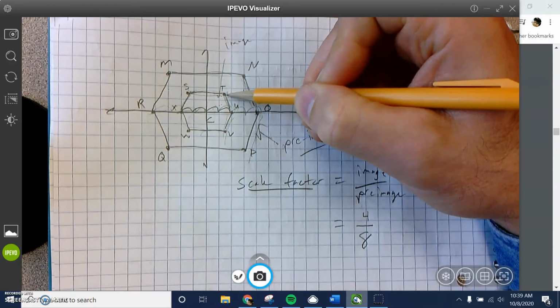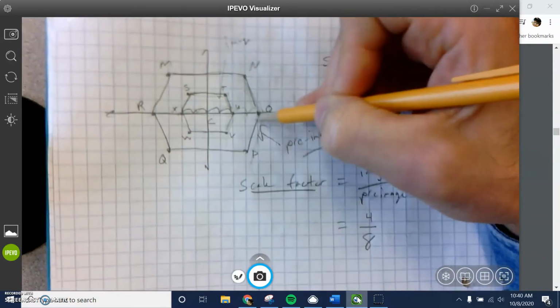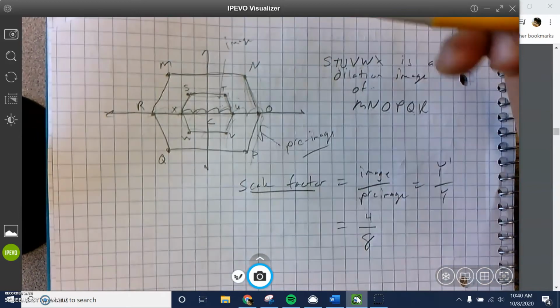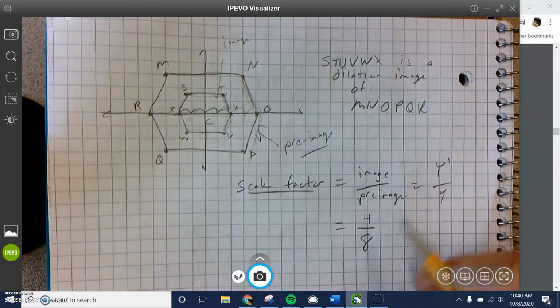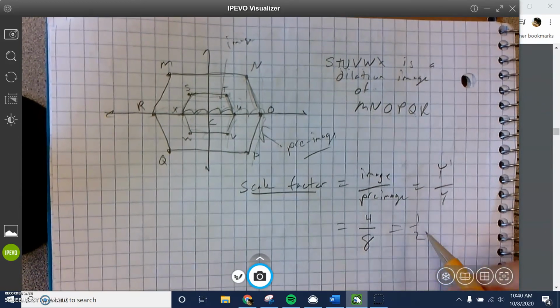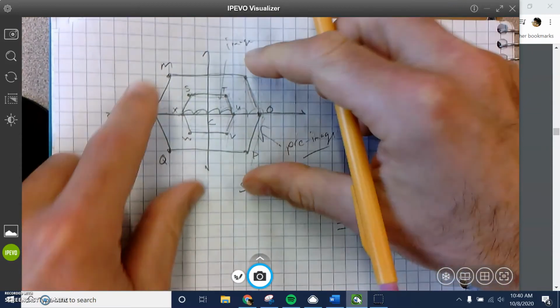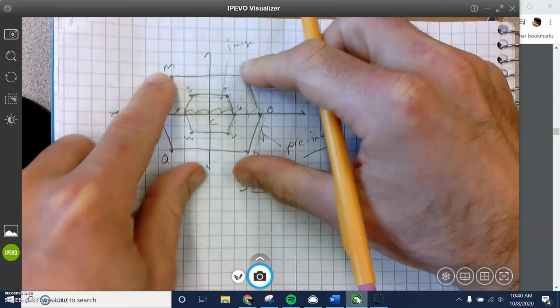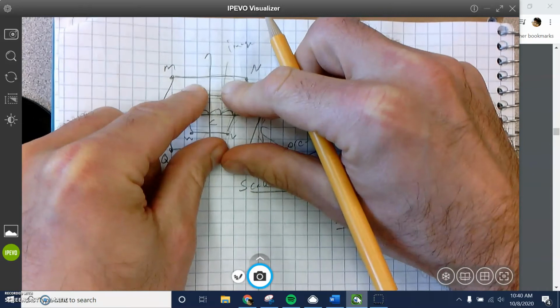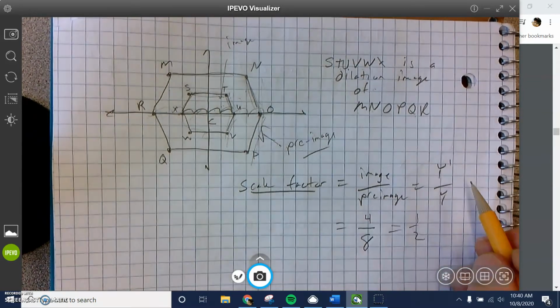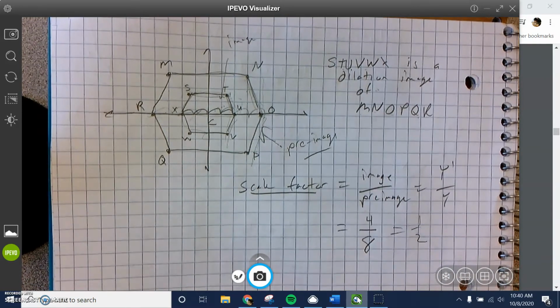Unless it tells me a fourth, I really can't tell exactly where that is. So I'm just going to use what I know, and where it touches the axis, that's what I'm going to use. So 4 over 8 simplified is a half. Yeah, it shrunk. It went from the pre-image to the image. So it went whoop like that. So it shrunk down. Maybe the Y prime over Y is a little bit easier here.